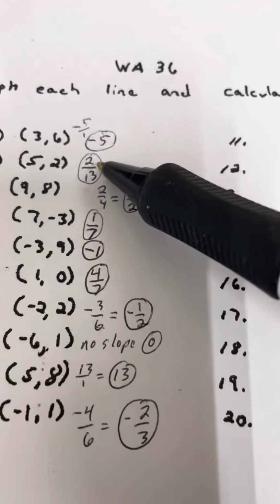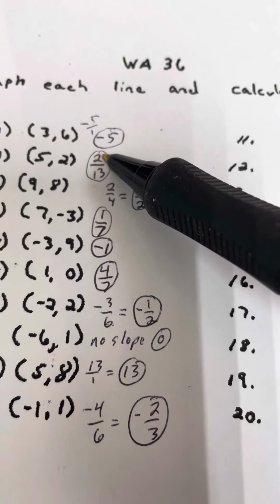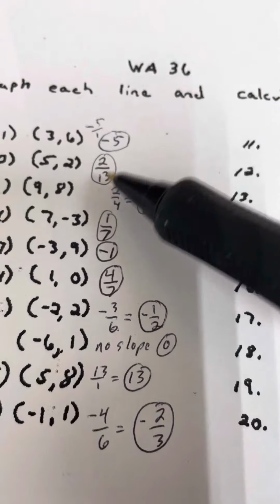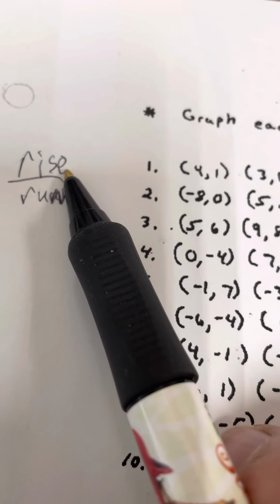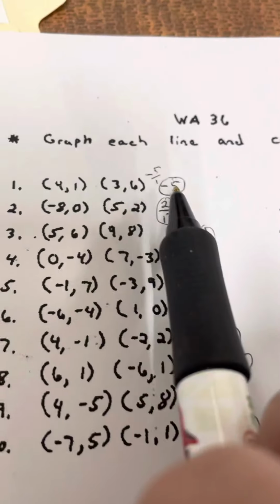So I'm up 2 over 13. My slope is 2 over 13. Remember, that slope is the rise over the run. Okay, rise over run. So if it's not rising and it's declining or going down, that's a negative slope like we had in number 1.